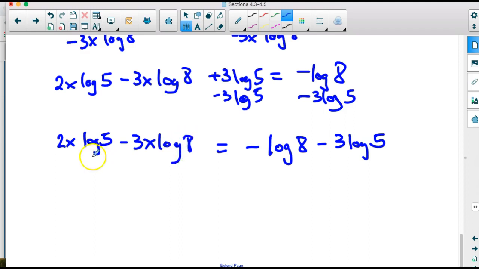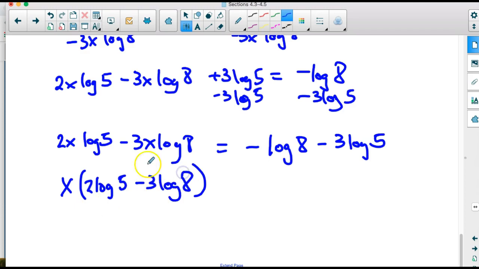Now I'm trying to solve for x. These both have x's. I'm going to factor that out, take it out of the whole thing. So this is going to be 2 log 5 minus 3 log 8. And this is just a number. This side is just a number.